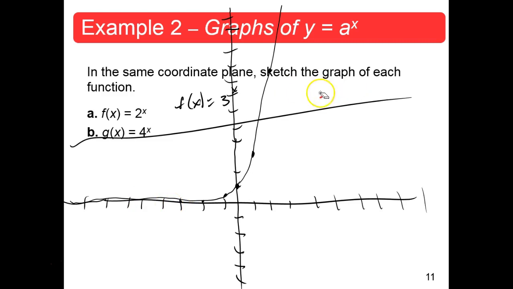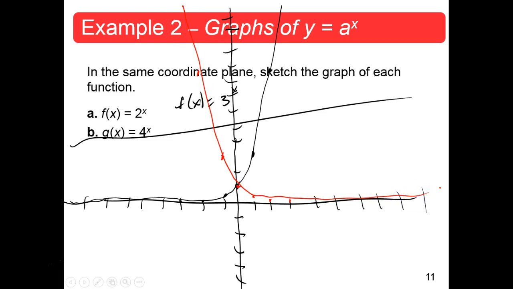And let's do the last one, the D one. All right. D would be this one. All right. Here is your D function.